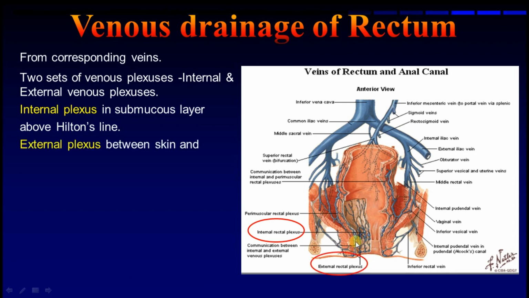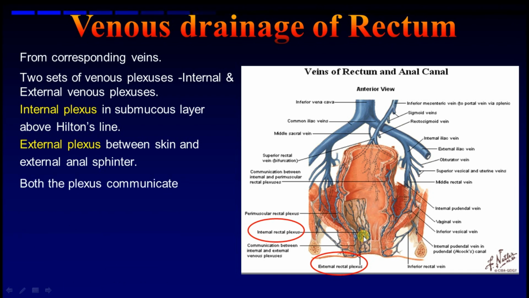External plexus is subcutaneous, which is present between the skin and the external anal sphincter. So this is the external anal sphincter. Between the external anal sphincter and the skin, here you see the external rectal venous plexus. Both these plexus communicate with each other. Okay, and from there what happens?